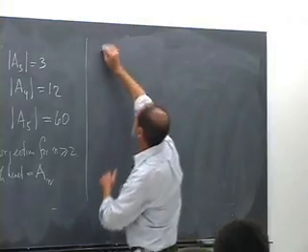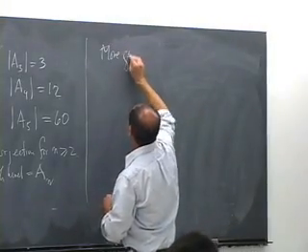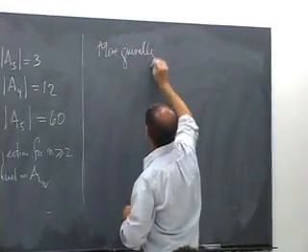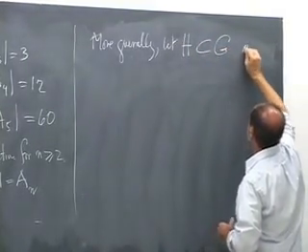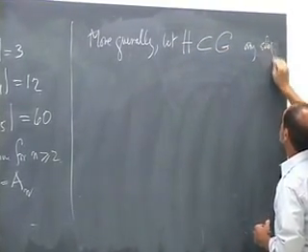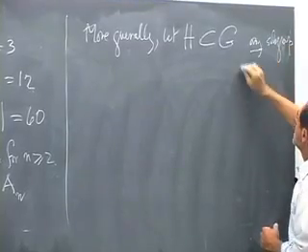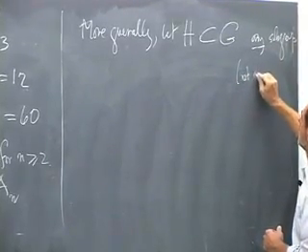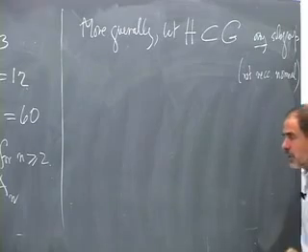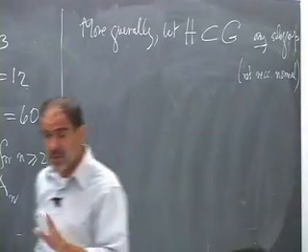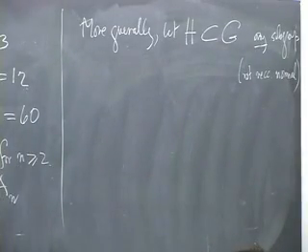More generally, let H be any subgroup of G, not necessarily normal. So it doesn't necessarily come from the kernel of a homomorphism.